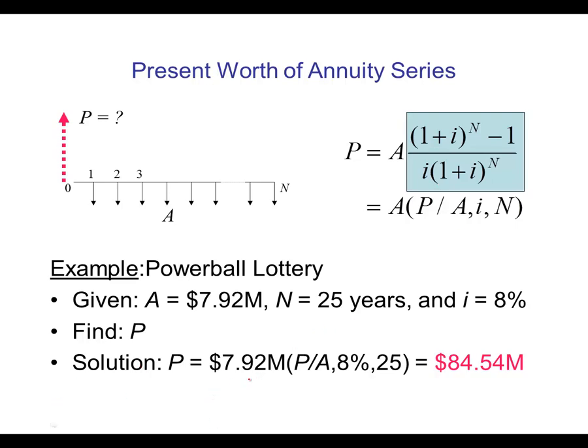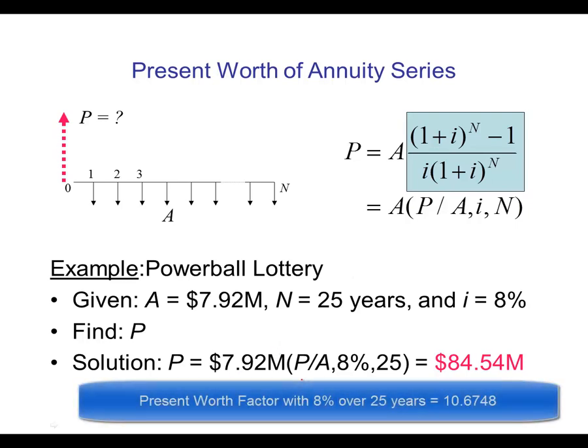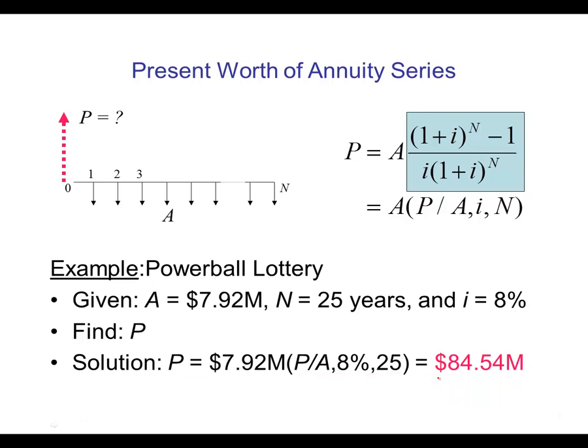Using the equation, we have the annuity, which is 7.92, multiplied by the factor. Then the principal today will be 84.54 million dollars, and this will be the value that will be given to you now if it was given as an annuity of 7.92 million over 25 years with interest rate 8%, as if they gave you 84.54 million of today's money.